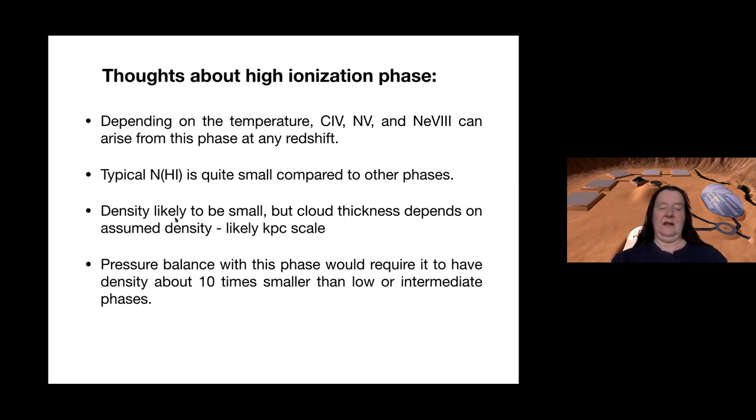The density can't be measured, but it's likely to be small, and if so, they're kiloparsec scale most likely. And if we wanted to have pressure balance with this phase, this is the same thing that Todd said yesterday, it's easy to do. It's about 10 times higher temperature than the lower and intermediate ionization phases, and so the density would need to be about a factor of 10 lower.